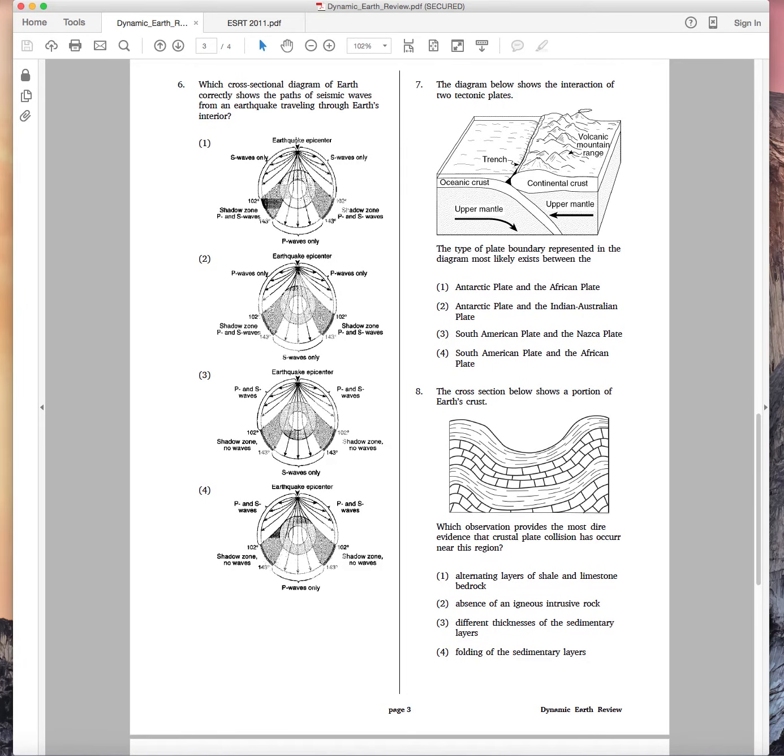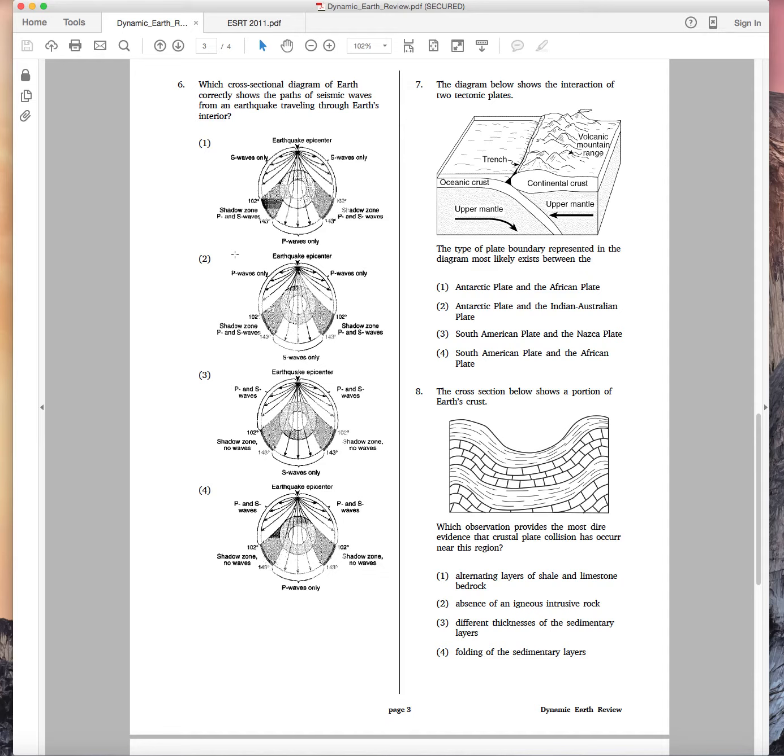Okay, so choice 1 shows S waves only traveling through the mantle, which is not good. Choice 2 shows P waves only going through the mantle, which is not good. The mantle is a solid. We have the asthenosphere, which is very viscous, very thick material.